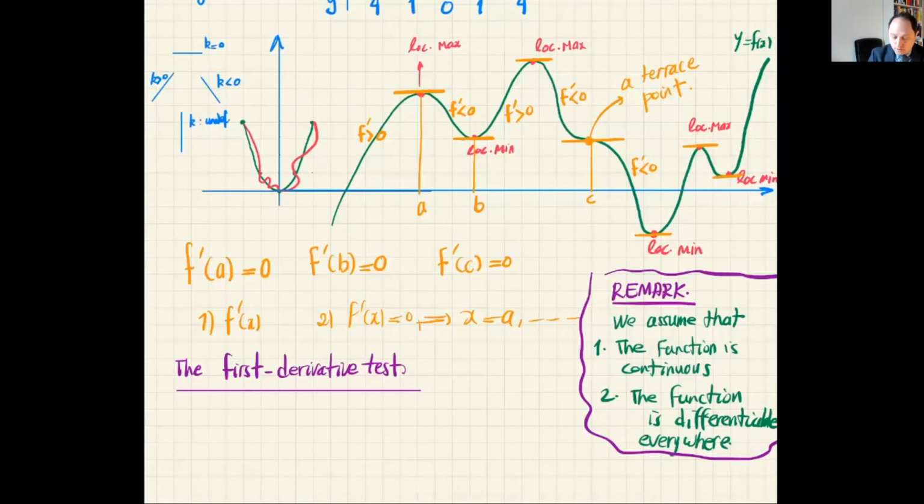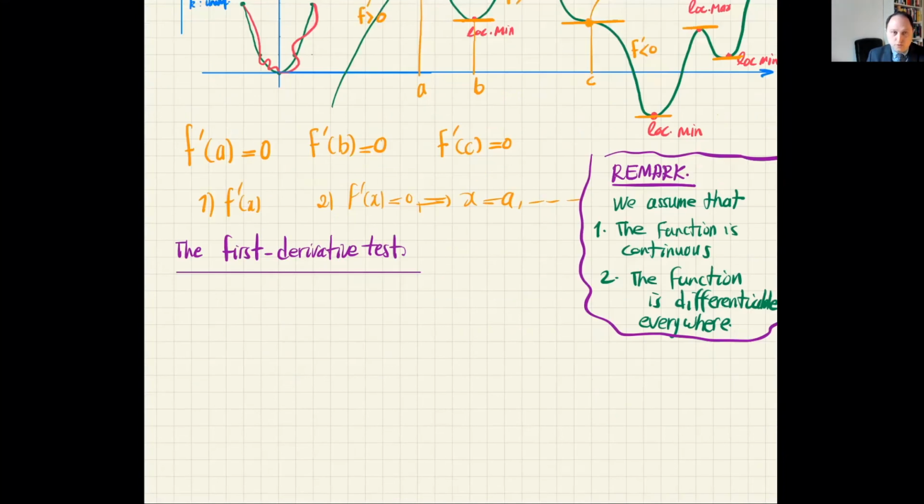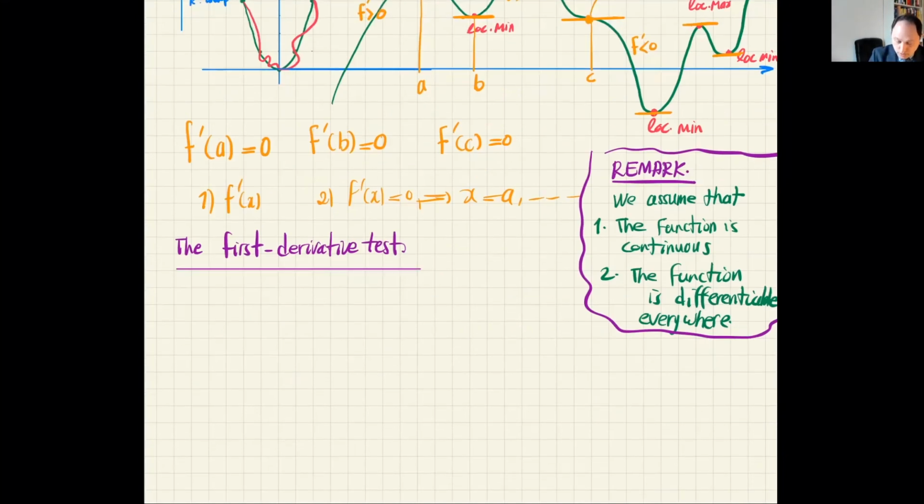But for solving problems, you just need to know how to use the first derivative test, which is the content of the lesson. The first thing that you do is this. Number 1, determine f prime of x. Number 2, solve f prime of x equals 0.